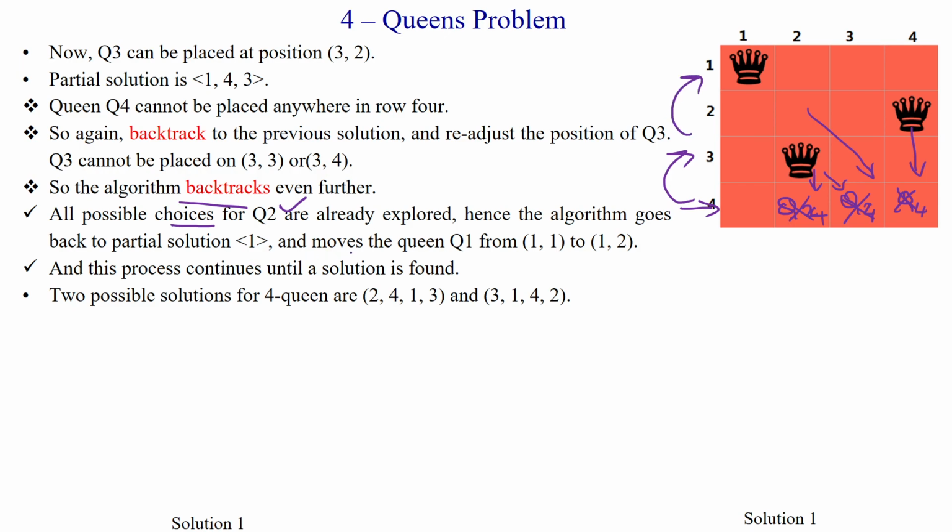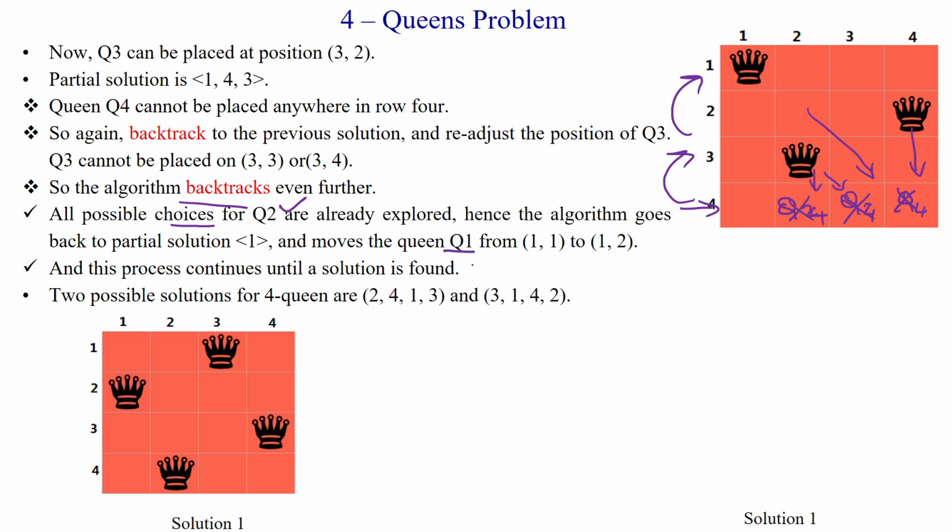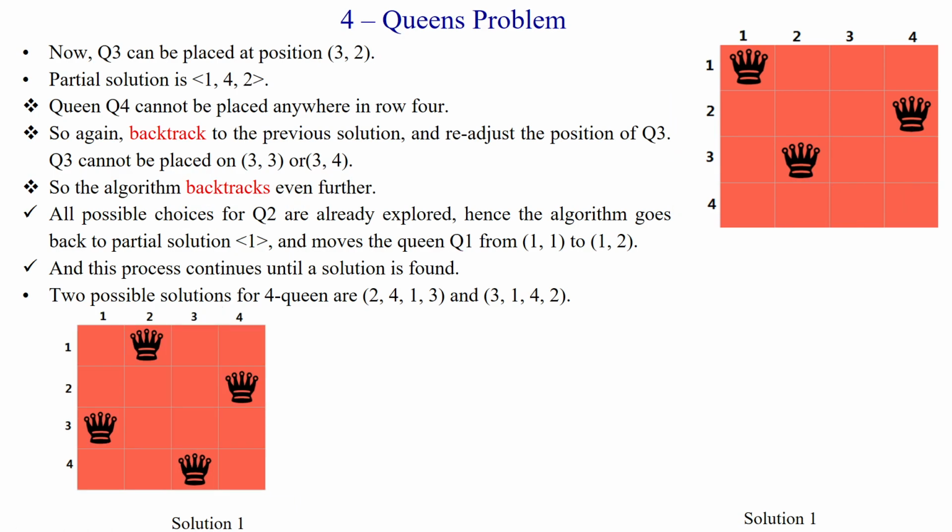Here we move queen 1 from 1,1 to 1,2. Then, if that is not possible, we move to 1,3. So as per this, queen 1 is placed in the second column, queen 2 in the fourth column, queen 3 in the first column, and queen 4 in the third column. So this is one of the solutions.